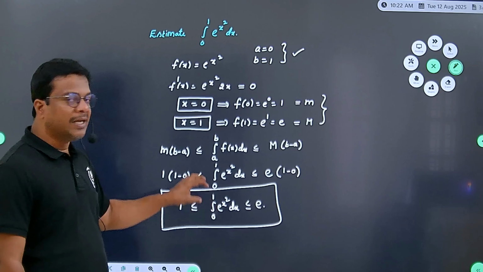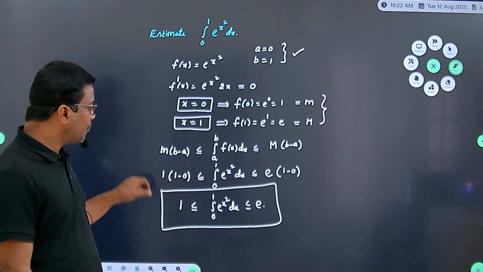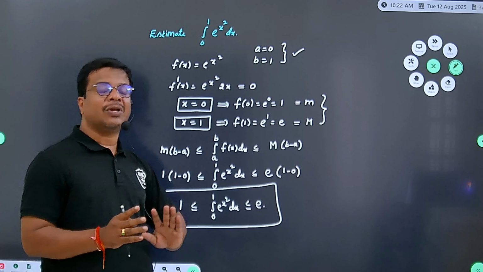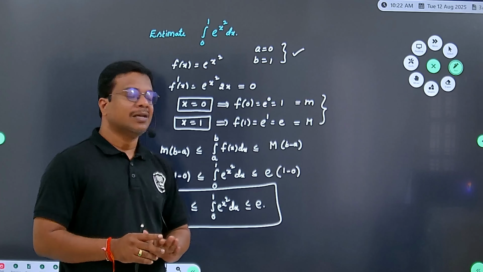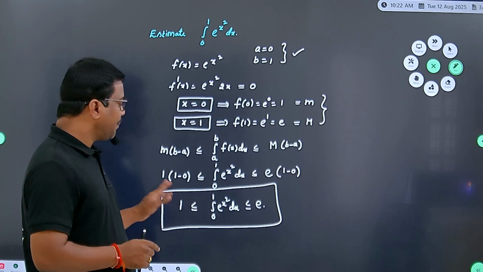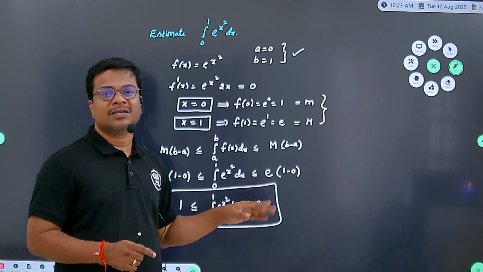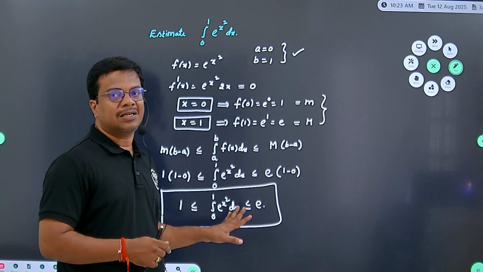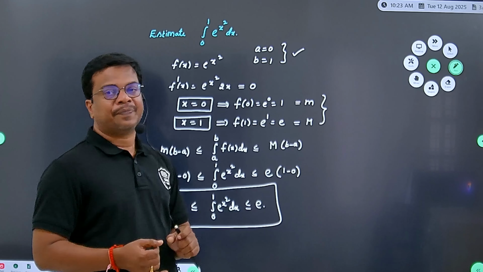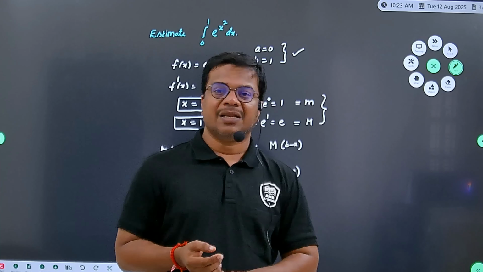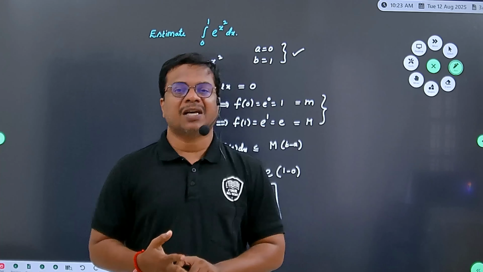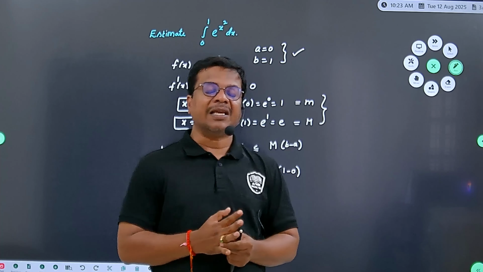We can't say the value exactly, but we can guess that the value must be in between 1 and e. This is the result. So in this way we can estimate some of the integrals which are not integrable.